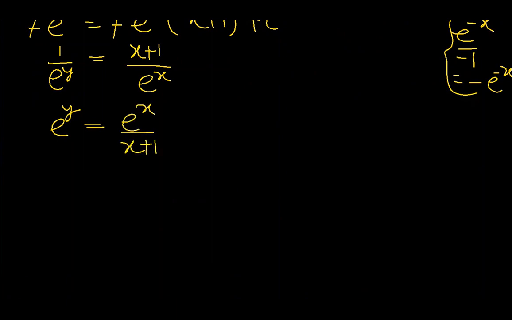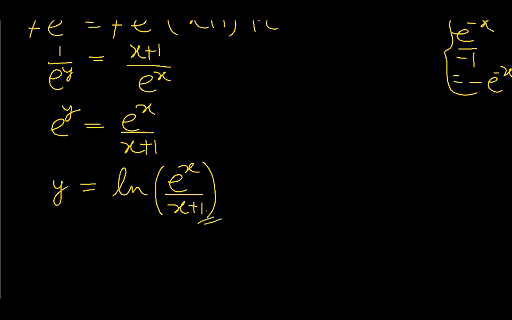Next thing we should do, because they're saying we have to find y in terms of x, so just write y, remove e. When e is removed, we get the other side as natural log. Now we can separate the numerator and denominator in natural log, or we can leave our answer like this. So what do they want? They're saying expression in terms of x. Okay, done. You can leave your answer like this.